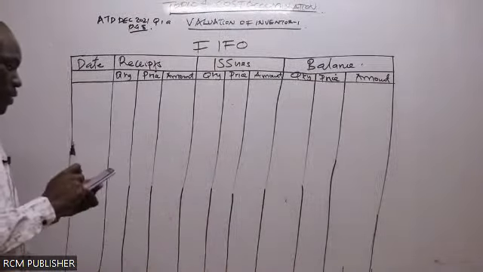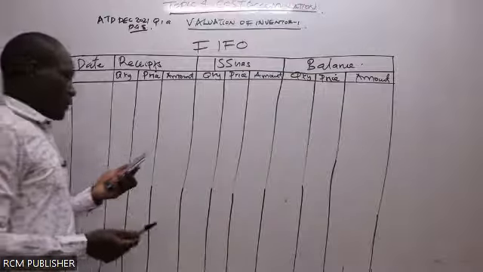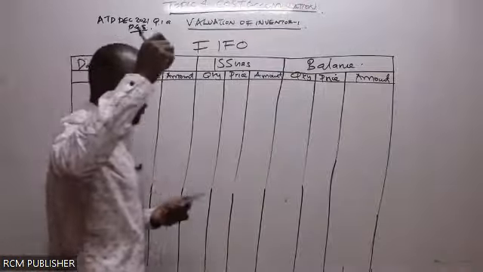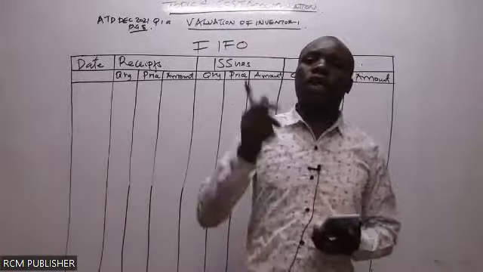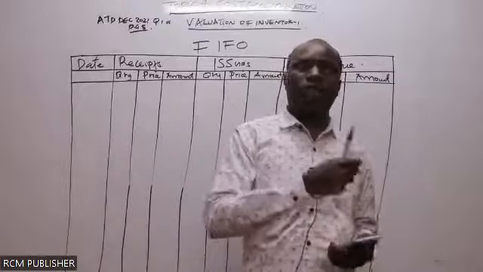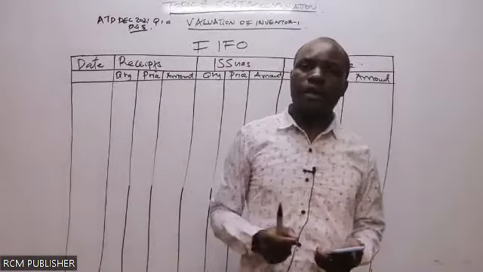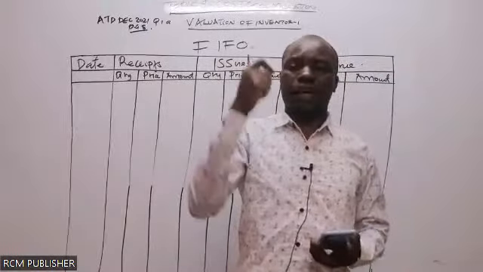Okay. So if you look at that question, the first one, we have to look for the opening stock. Yesterday we said the opening stock can be the stock of the last day of the previous period or previous month. And you can also be told that this is the opening stock of the current period.